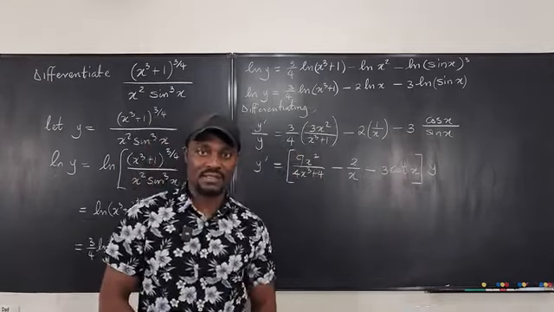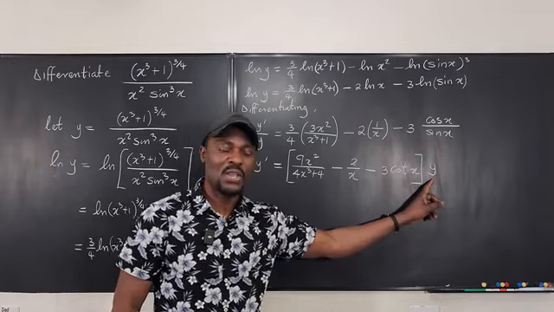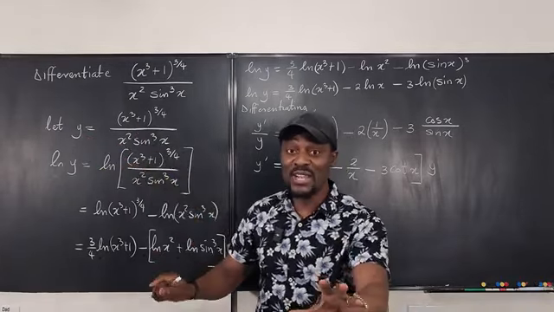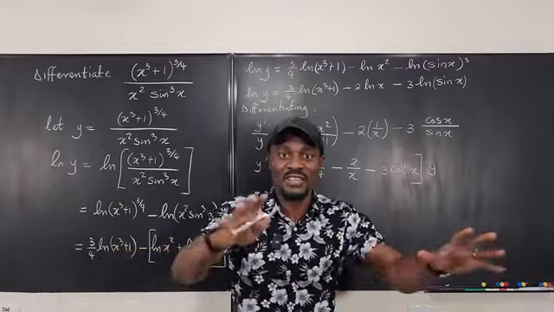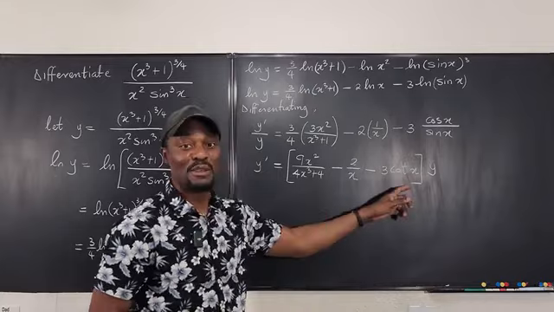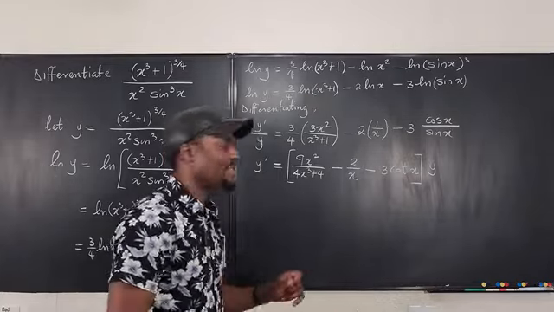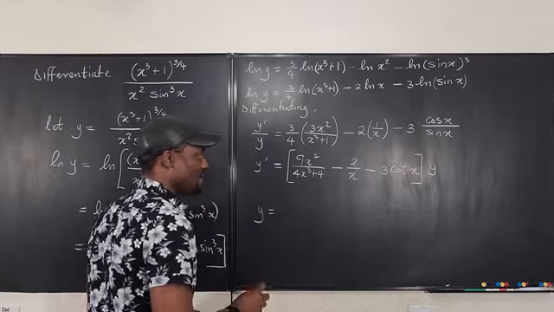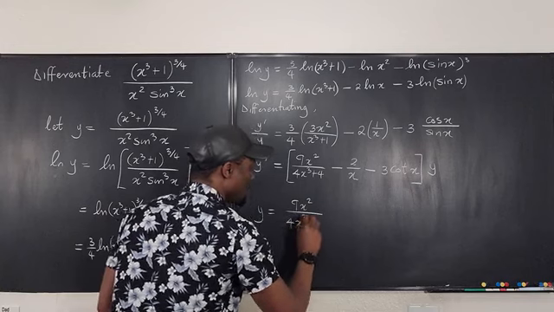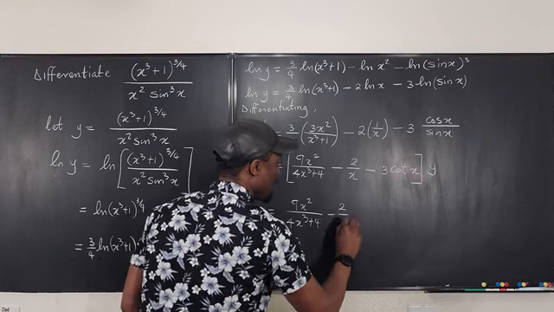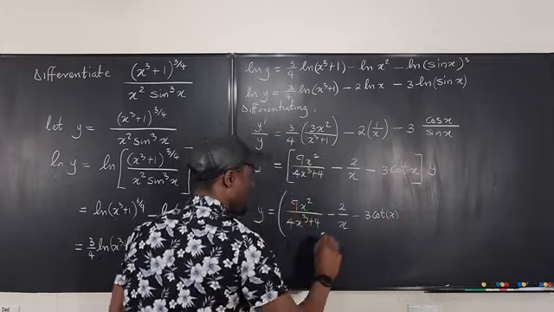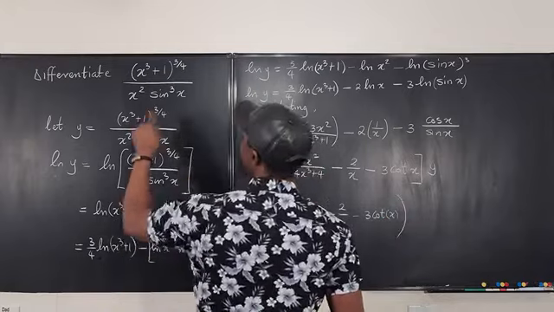Well, that's it. But you can't leave your y like this. What did we say y was again from the beginning? This whole function. So you just imagine using quotient rule and you're carrying this all around as you're doing a calculation. It would be a disaster. And I bet you may not be able to find this if you use the quotient rule. Try it. Okay, so y prime ultimately will be 9x squared over 4x cubed plus 4 minus 2 over x minus 3 cotangent x, multiplied by, what is the y?